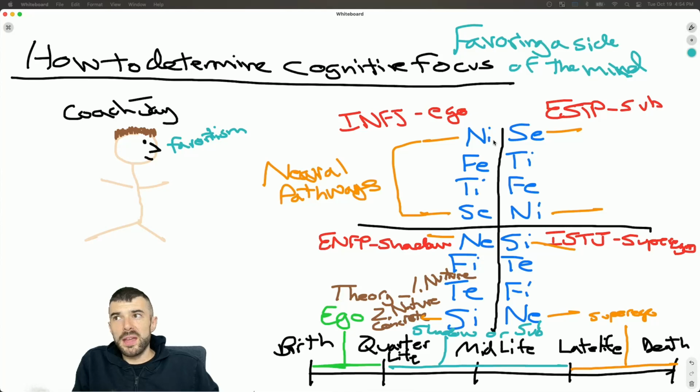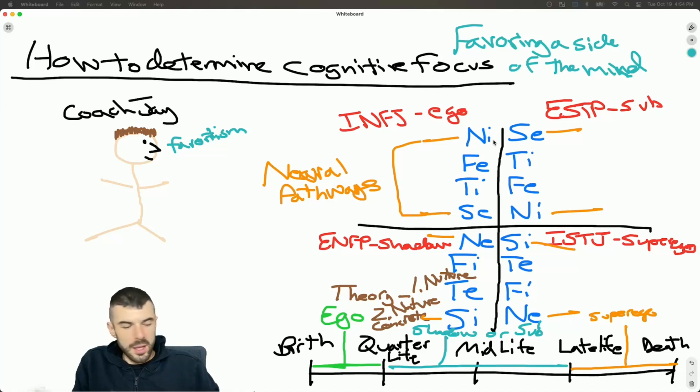And based on that favoring of a side of the mind, a person's behavior is a little bit different. This is where you can have an INFJ like Coach J, but they have different variants. There are different kinds of INFJs out there. There are four different subcategories of INFJ that a person could be at a time.